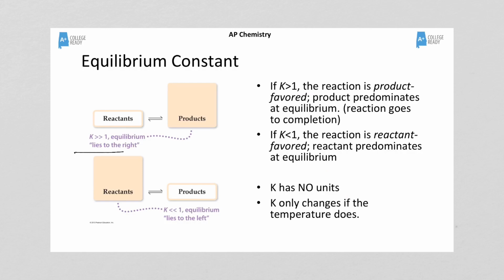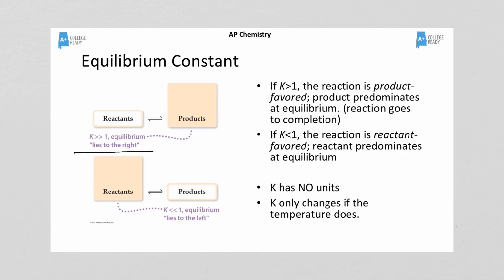It's also depicted as saying the equilibrium position lies to the right, meaning the forward reaction is favored. When K is less than 1, the reaction is reactant favored or lies to the left, meaning there are many more reactants than products at equilibrium.